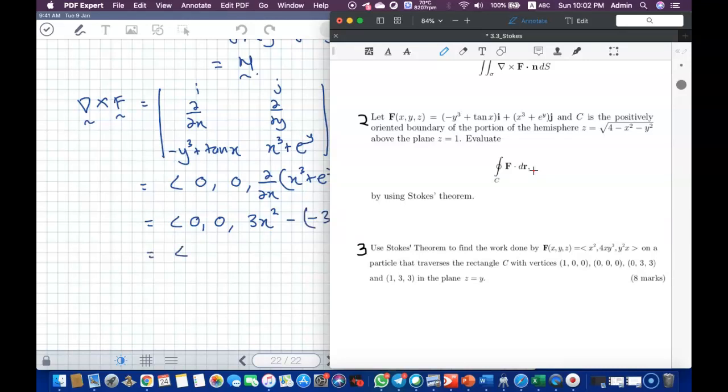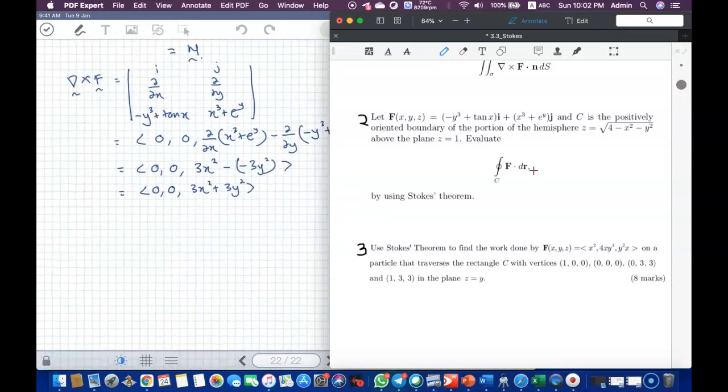So we got 0, 0, 3x squared plus 3y squared. So that is our curl F.